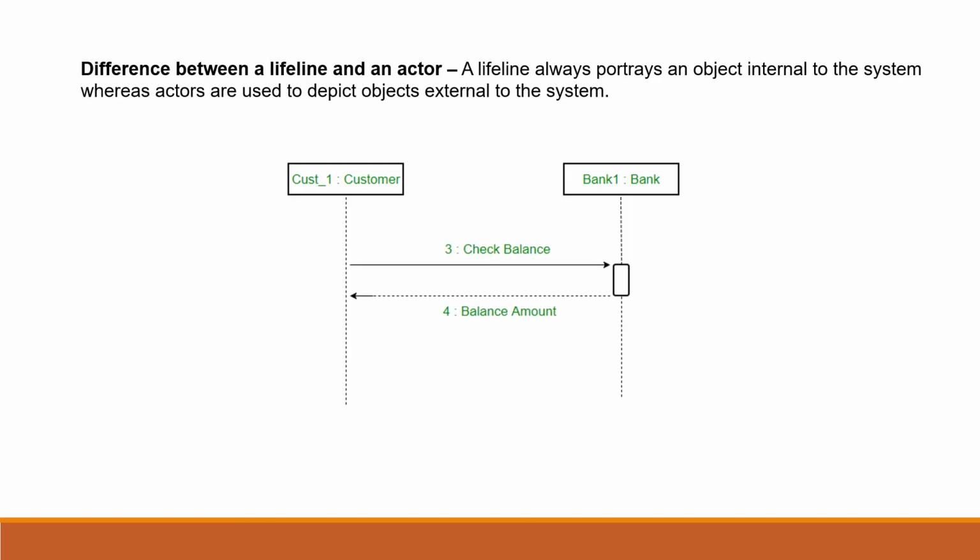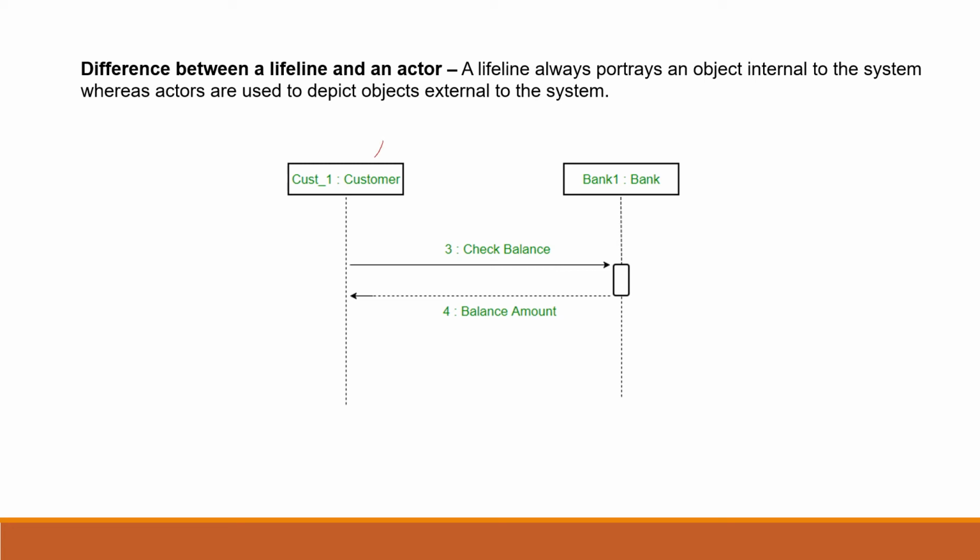Now we do have a difference between the lifeline and an actor. The lifeline always portrays an object internal to the system, whereas actors are used to depict objects external to the system. So again I am showing you the example over here. Suppose we have a bank system.